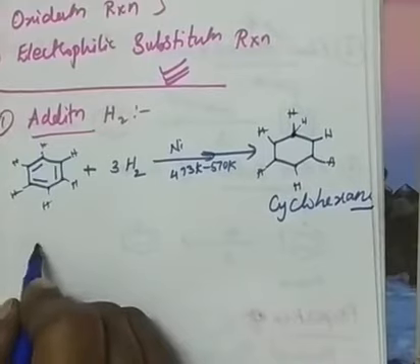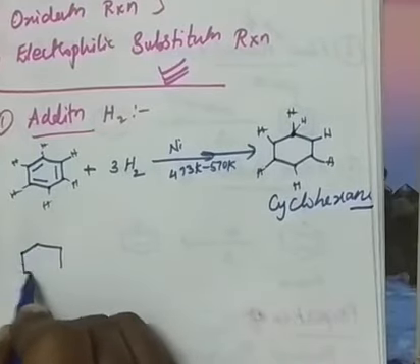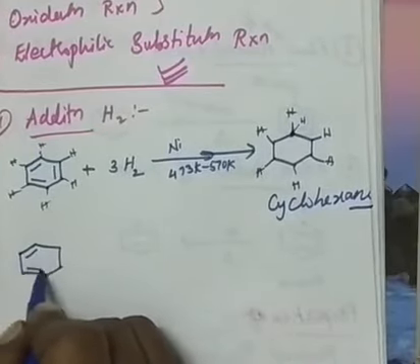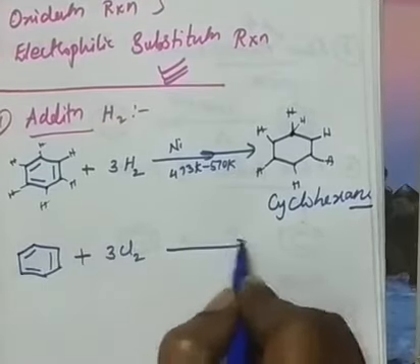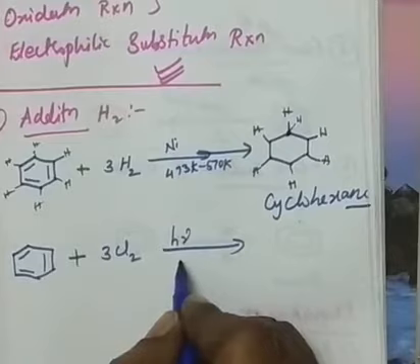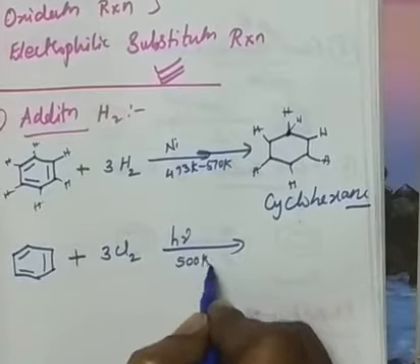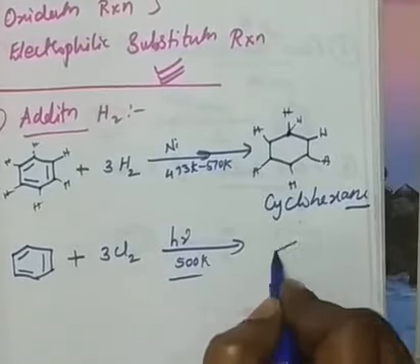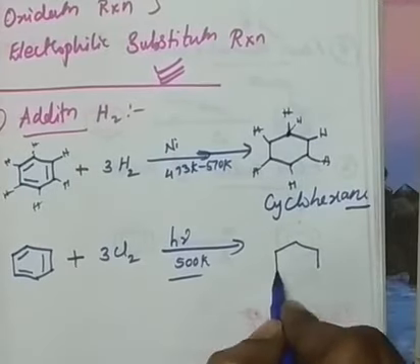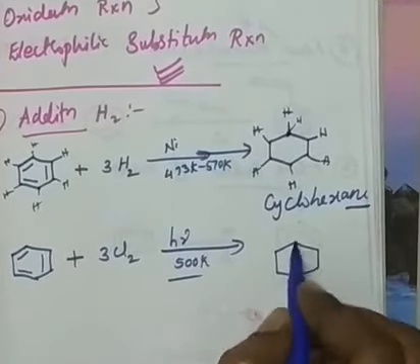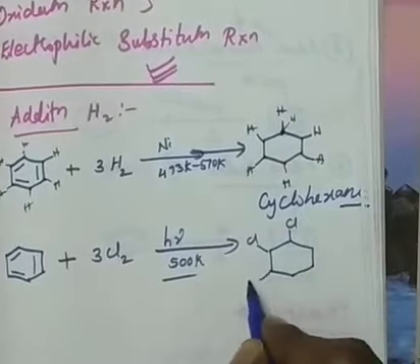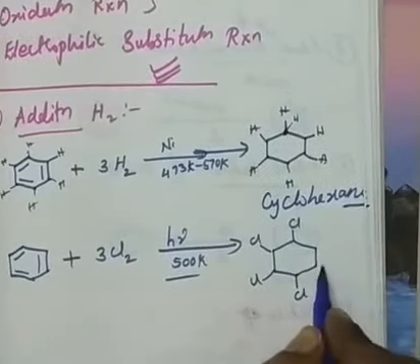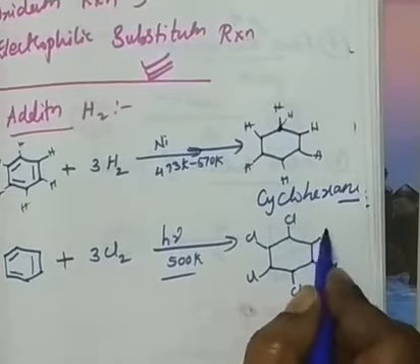Similarly, one more addition reaction. Benzene halogenation, have you heard? Remember? See here, benzene on reaction with 3 chlorines in the presence of sunlight or temperature will give you 6 chlorines added onto it. Again I am saying this is a very uncommon, unusual reaction, but under high temperatures it will take place.